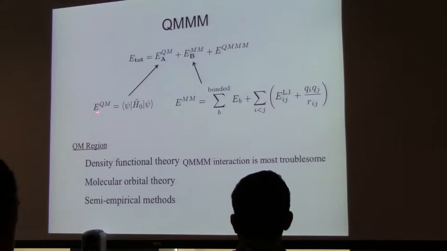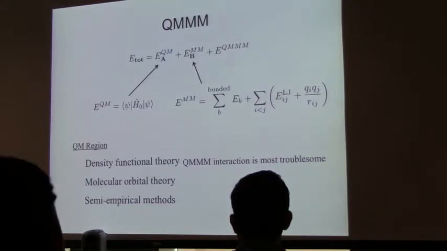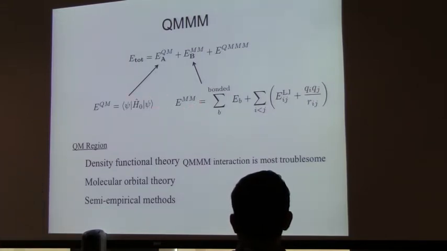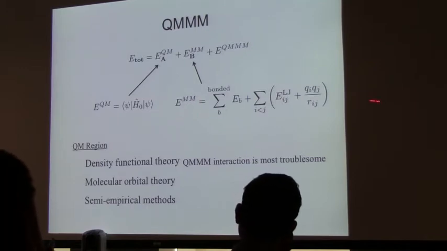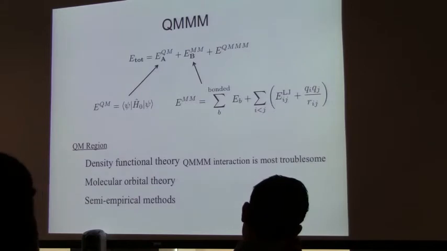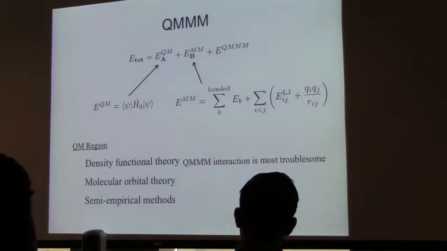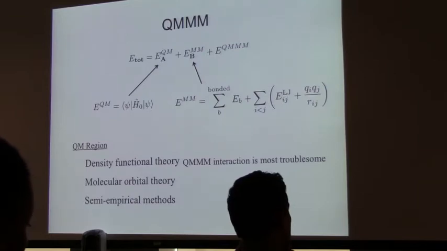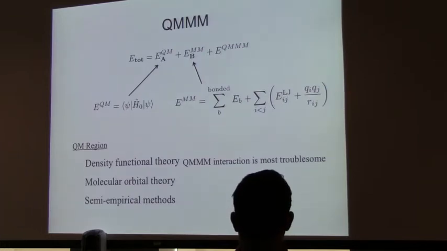And we can do any kind of method we want. We can look at density functional theory, we can look at molecular orbital theory methods. We can also look at semi-empirical methods. And on the right side we have the MM energy, and we have these bonded interaction terms, non-bonded terms as well. But as this says here, the most important part, the most troubling part, is the QMM interaction.